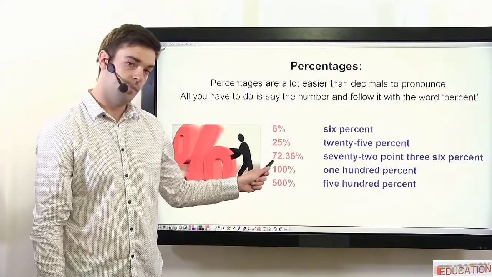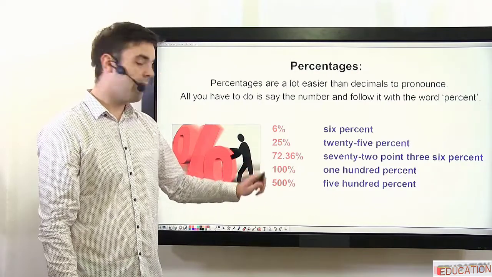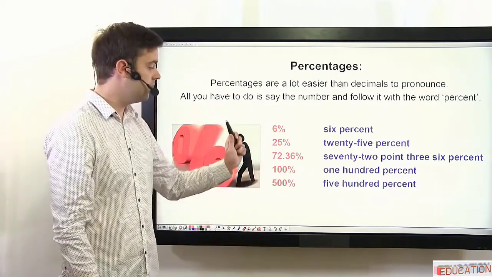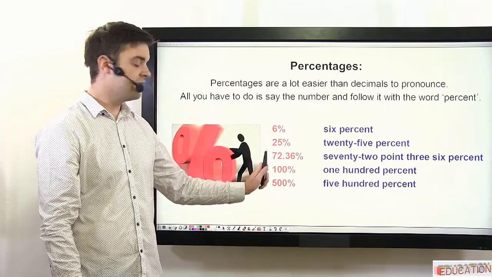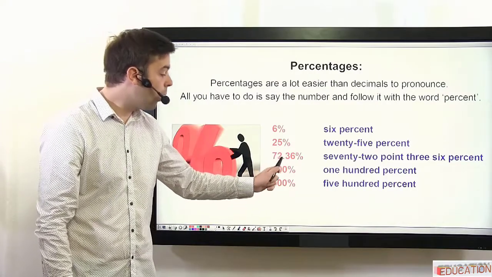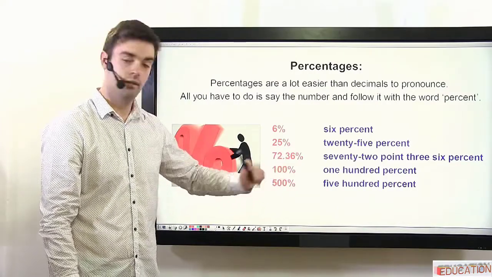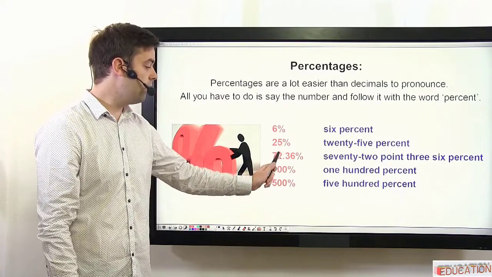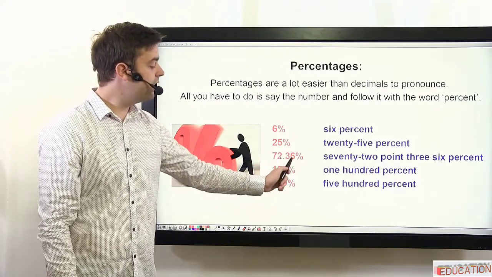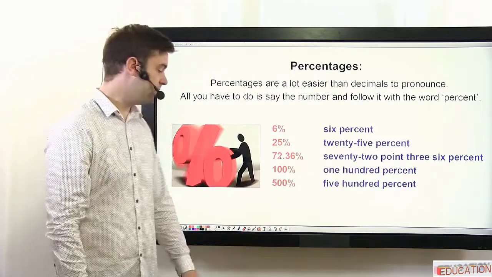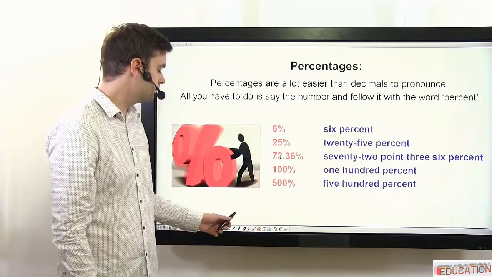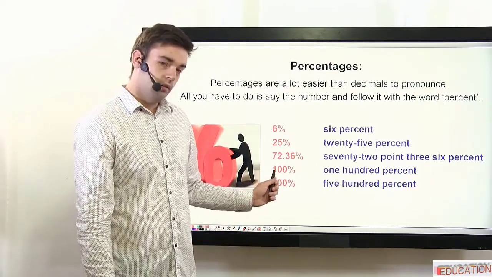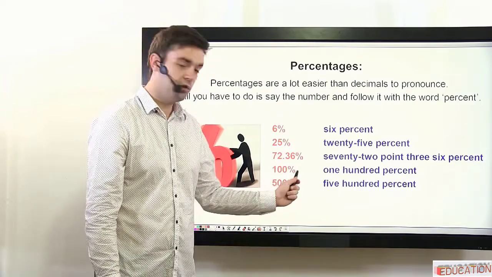Here, bit harder. Remember the rules from decimal point. So we have 72.36%. This one, 100%.